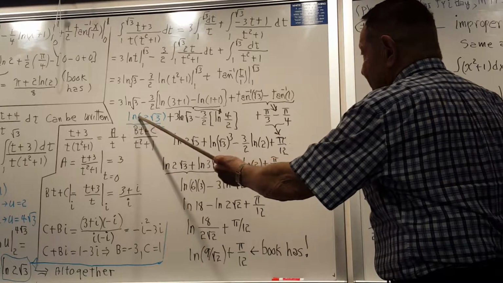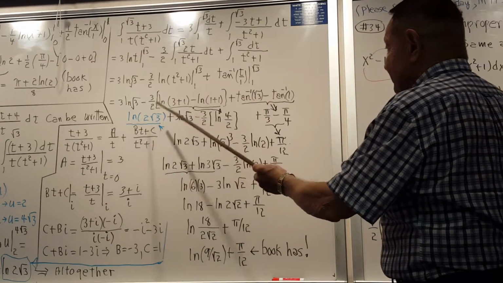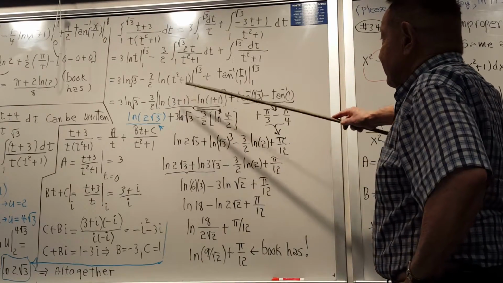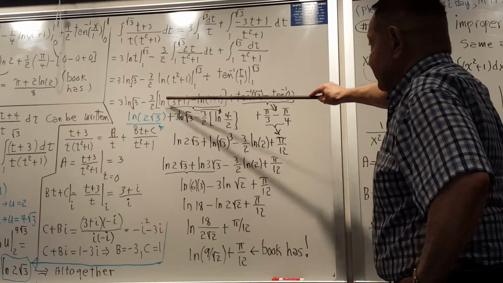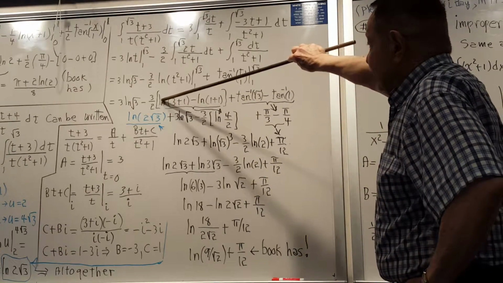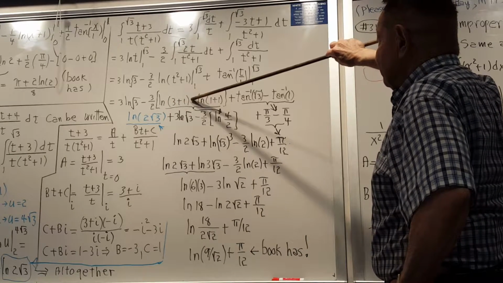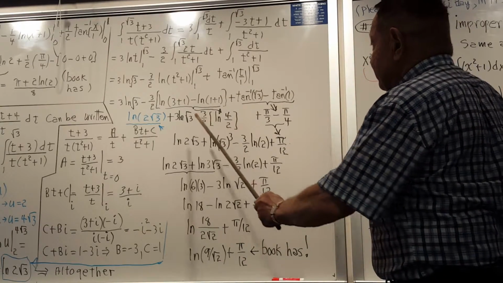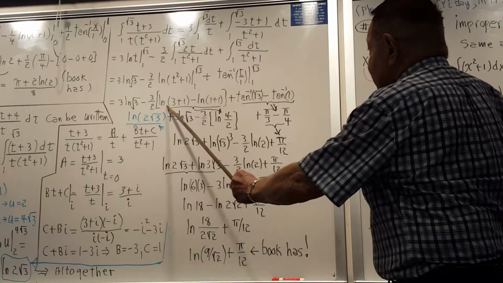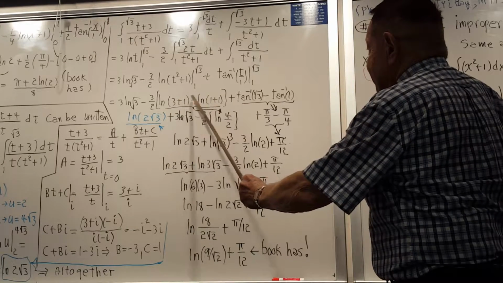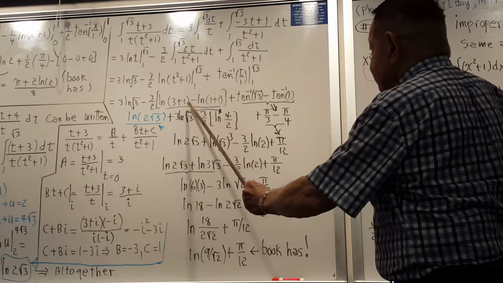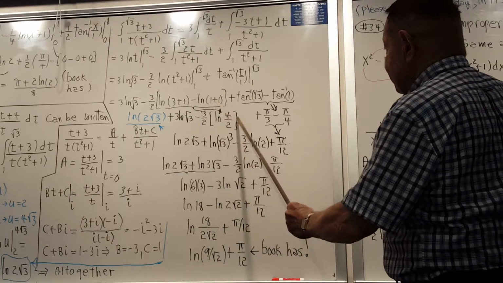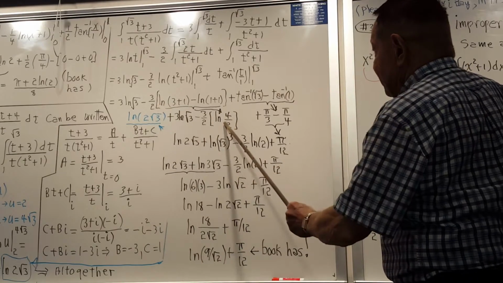So we have the log 2 root 3 from the first part, and then this part, you see you have log 4 minus log 2, so that's over here, log of 4 over 2, and the minus 3 halves.